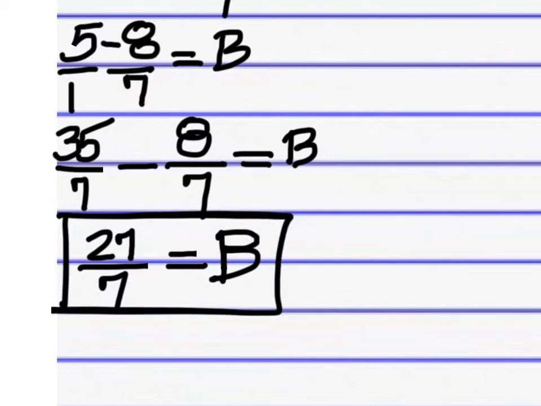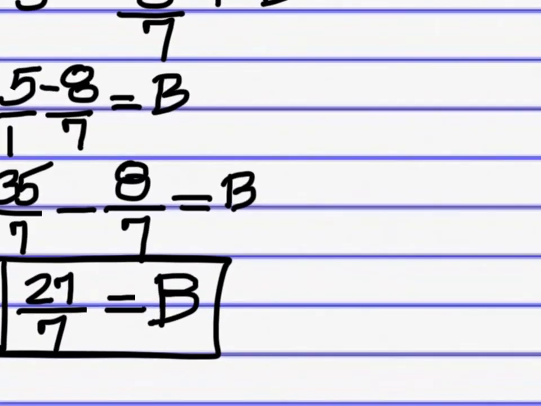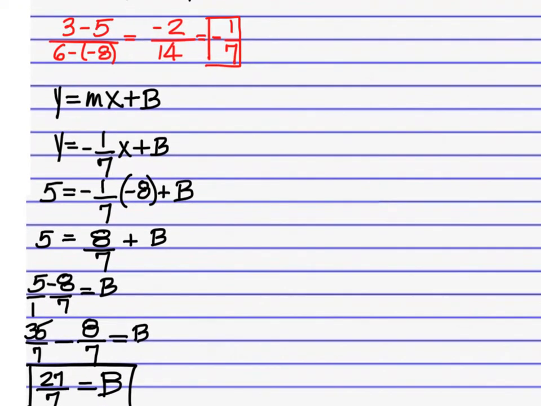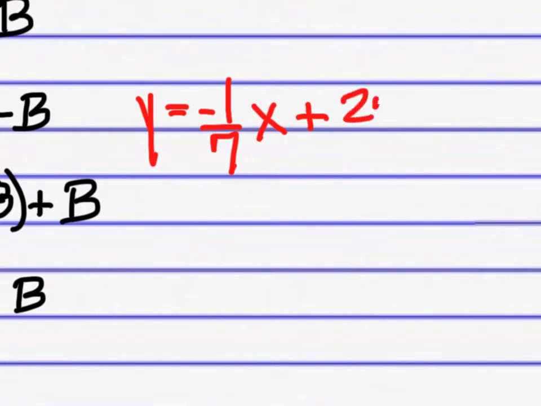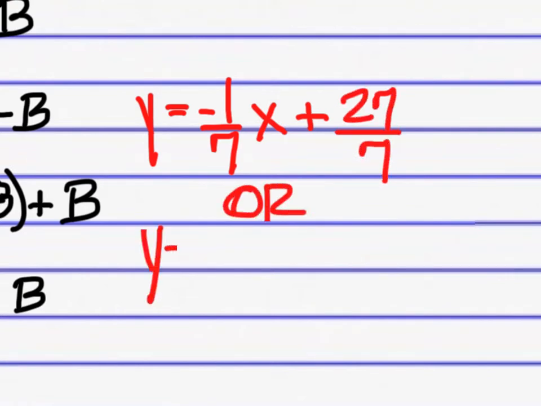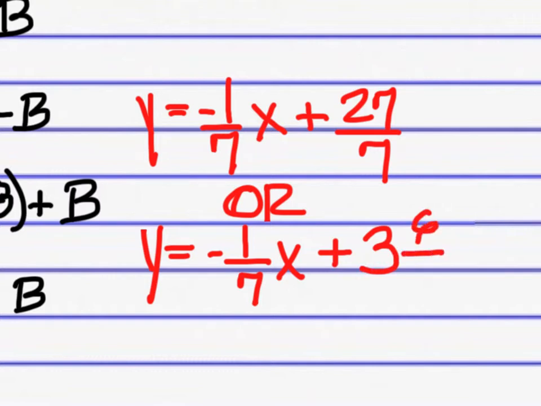I'll put this back in as my y-intercept. 27 over 7 goes here. Y equals a negative 1/7 x plus 27 over 7. Or it could be y equals a negative 1/7 x plus 3 6/7. Either way, we will give you credit for it.